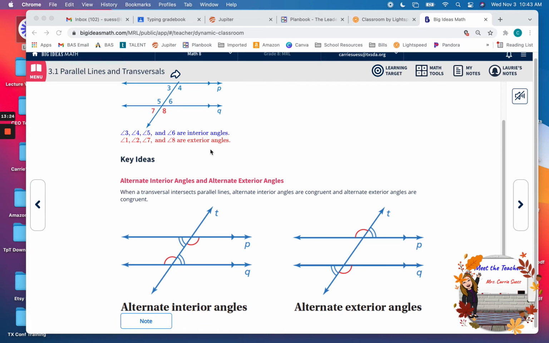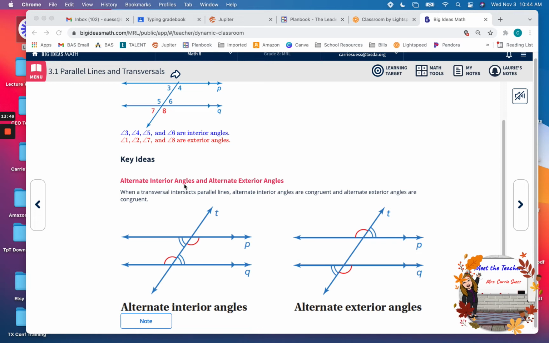Interior and exterior angles allow us to mathematically have some rules that will help you solve for missing measurements. Alternate interior angles and alternate exterior angles. What do you think of when you think of the word alternate? Josh? Different? Okay. Is there any other words, Aaron? Huh?